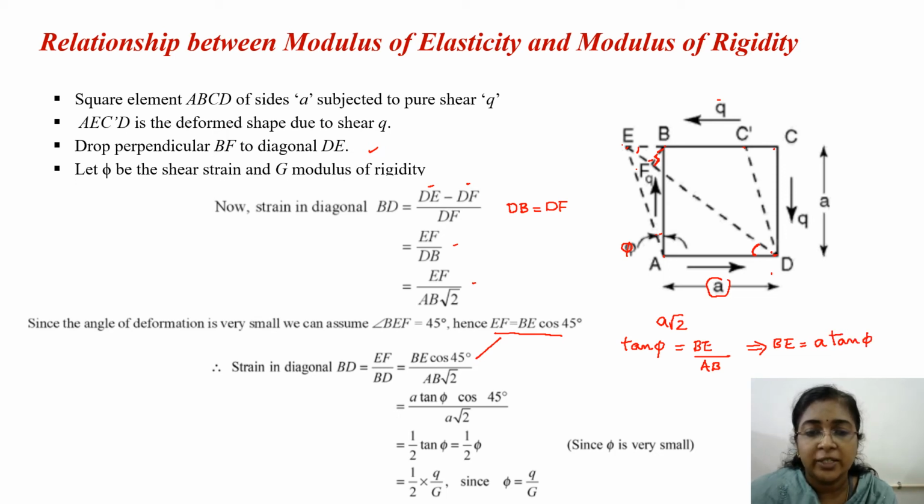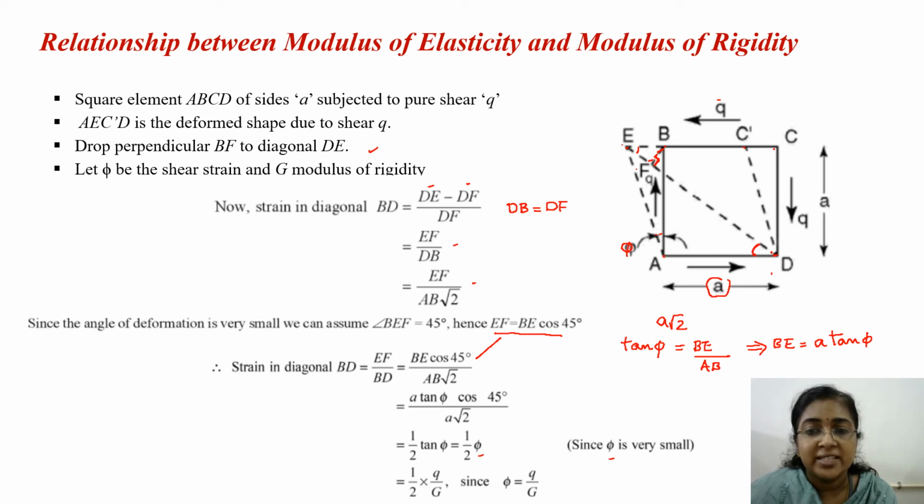You can substitute it here. A tan phi cos 45 by A root 2. And cos 45 is 1 by root 2. So this becomes 1 by 2. A will get cancelled, and 1 by 2 tan phi. Since the value of phi is very small, tan phi is equal to phi itself.